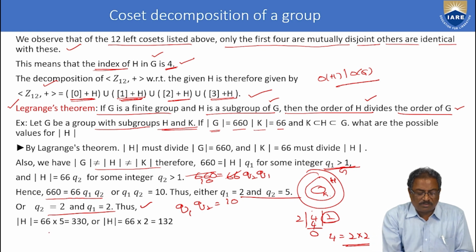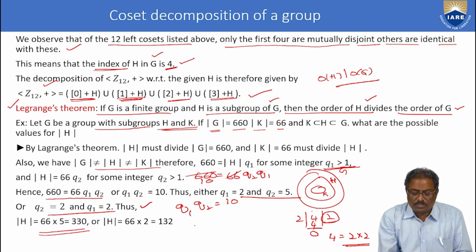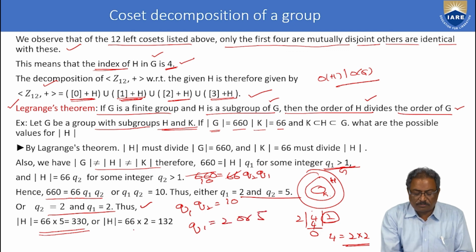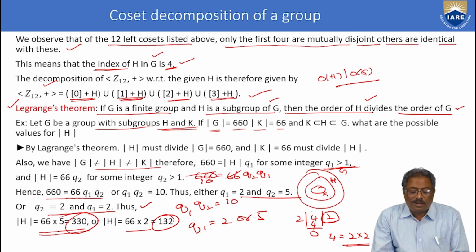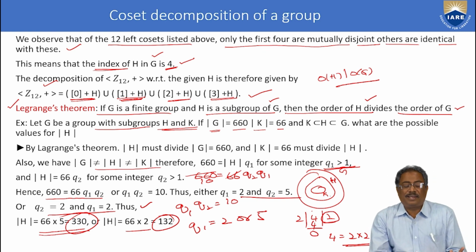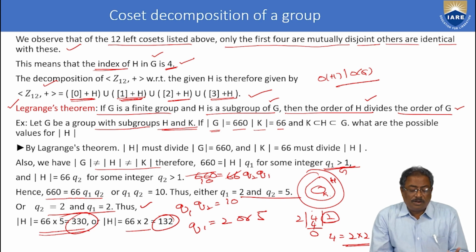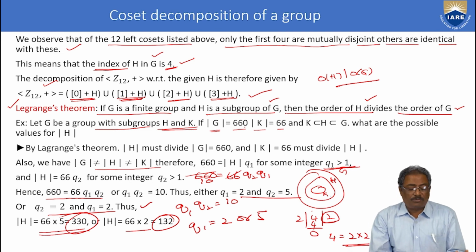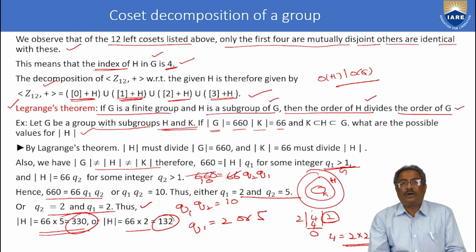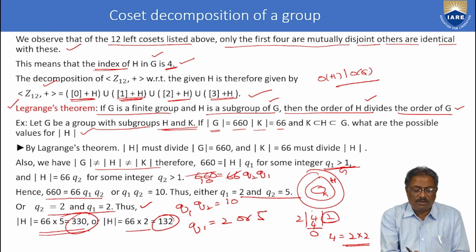So just substitute the possible values. Q1 is equal to either 2 or 5. Then you substitute, either it is 2, then the value is this, or it is 5, then the value is this. So by using Lagrange's theorem, one should calculate the order of H, the subgroup, and its cardinality.